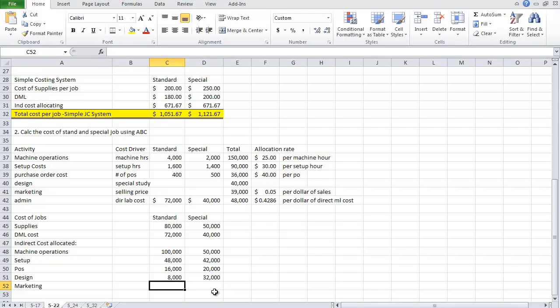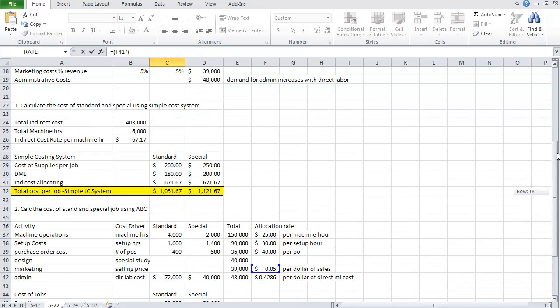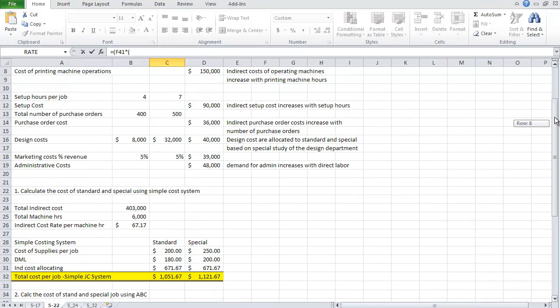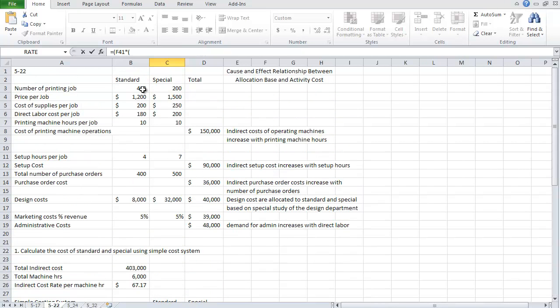Now in the marketing area, we have to consider we're going to take the 5 cents on every dollar of sales, right? And we're going to multiply that by 400 jobs, and we're going to sell each job for $1,200 apiece.